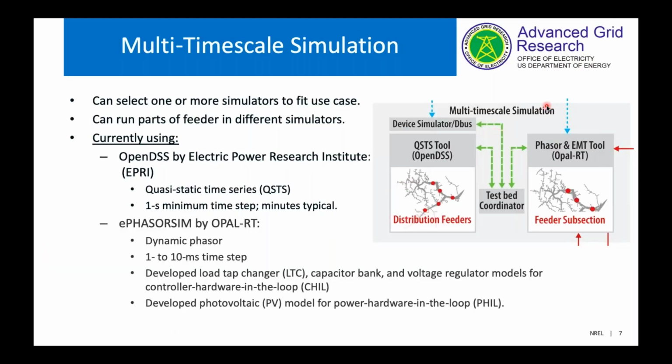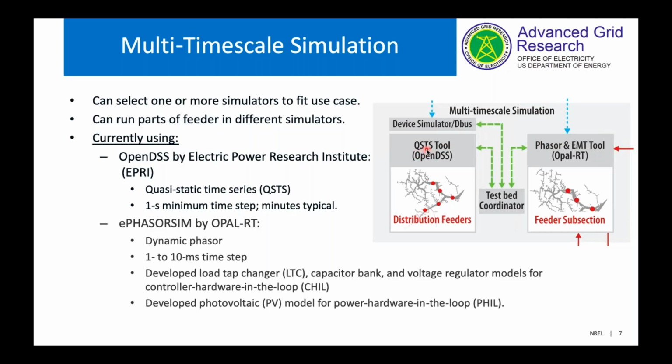So for our simulation, based on the use case, we will select an appropriate simulation tool. When we started out, we really wanted to develop the capability to do a multi-timescale simulation. So even though our first use case that I will discuss is around volt-var optimization, that could adequately be simulated with quasi-steady-state time series.